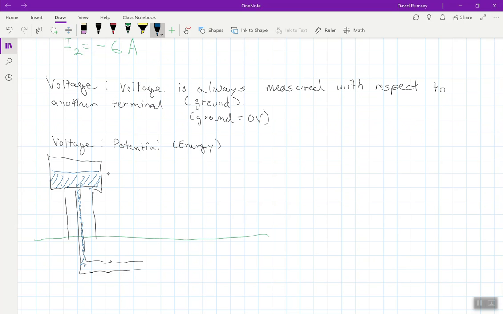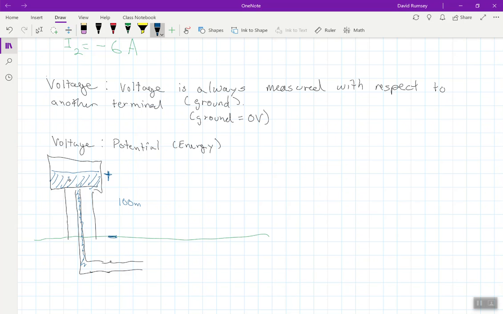And so let's say here, we're trying to measure, we'll say this is my positive, and this is my minus, and then in terms of this, we might measure this as far as the height. Maybe, and I'm just throwing a number out here, maybe this is 100 meters. So that isn't obviously a voltage, but it's the idea that because that water is 100 meters up in the air, it's got a certain amount of potential energy.